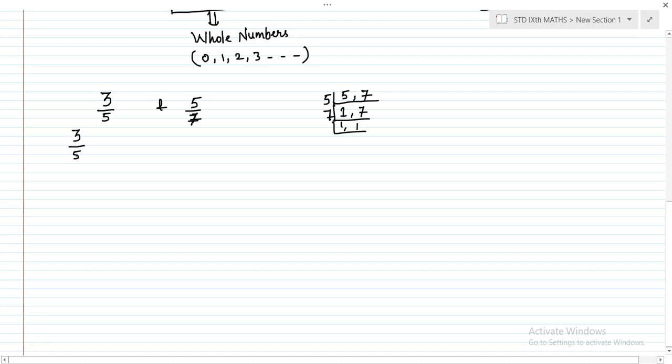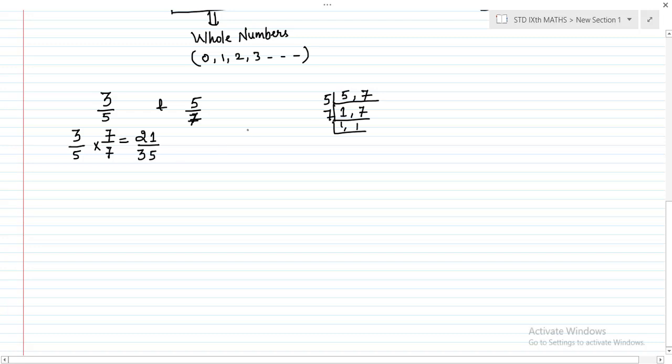So 3 upon 5. This 5 can be multiplied with 7 to make the denominator 35. Since we have multiplied the denominator with 7, the numerator should be multiplied with 7. It comes 21 upon 35.